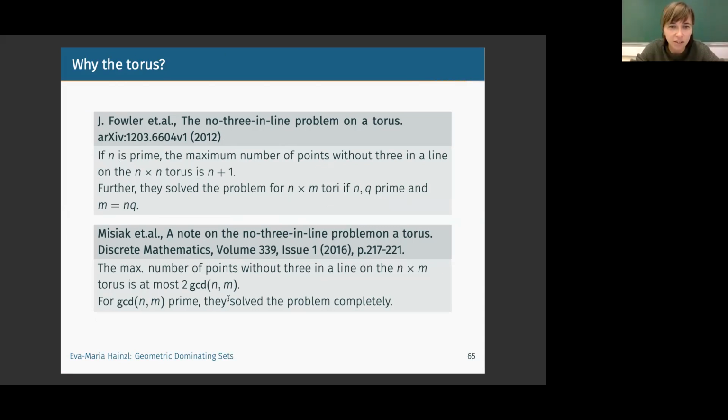And the maximum number of points without three in a line on the n times n torus is at most 2 times the greatest common divisor of n and n. So you can see there's also some elementary number theory going on technically. Thank you.